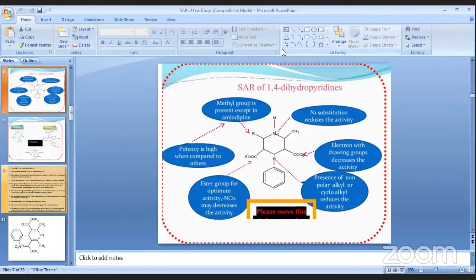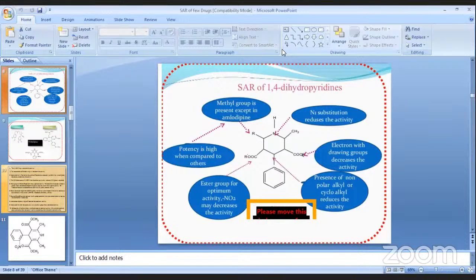1,4-dihydropyridine. So you see this is the structure of 1,4-dihydropyridine. In the 1 position of the pyridine, NH is there. When this N1 hydrogen is replaced with any substituent, the molecule becomes inactive.